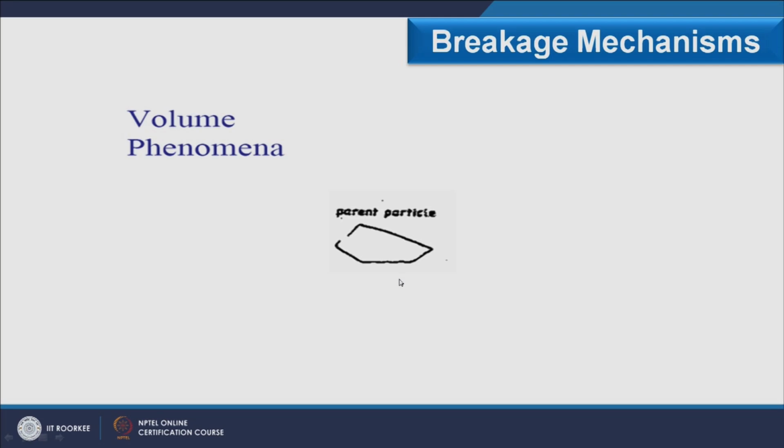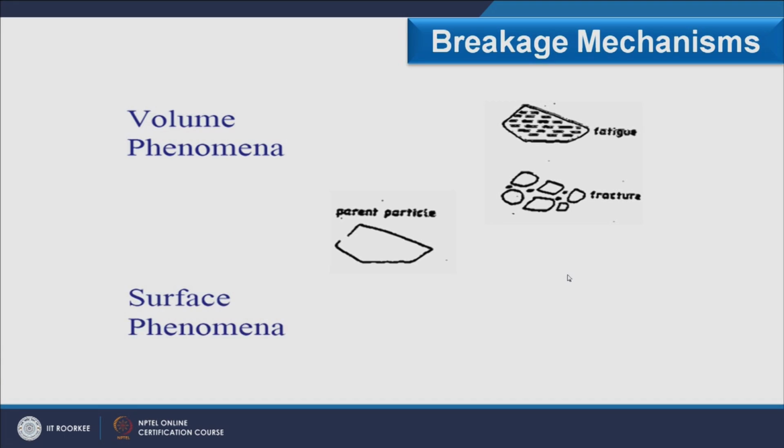Now, if I consider volume phenomenon, what will happen? Due to the breakage pattern, the particle reaches its elastic limit and then it breaks into smaller particles. So, the larger particle no longer exists. In place of this, we have smaller particles of small volume, and this we call volume phenomenon.